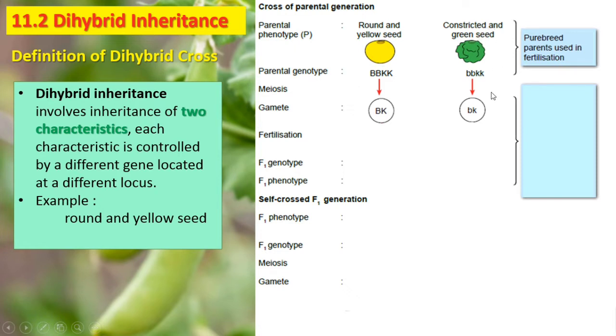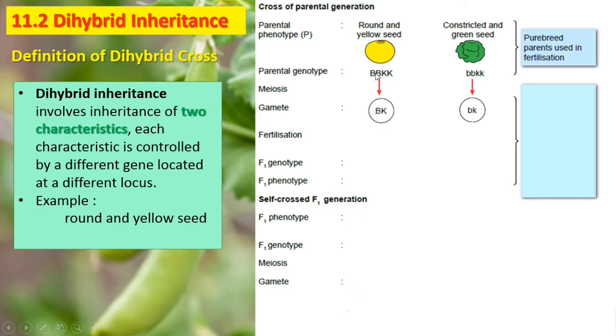So this is where we apply the law of segregation, from a pair of alleles from the parent. For example, capital B is a pair of alleles that control round seed. So in the gamete, it will carry only a single allele.